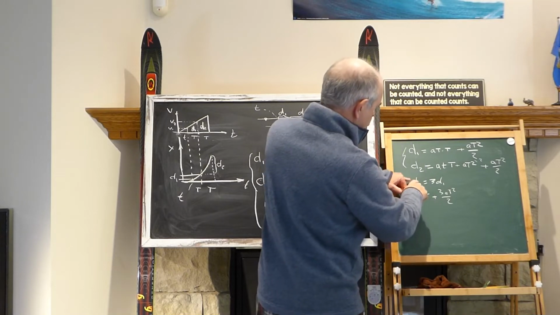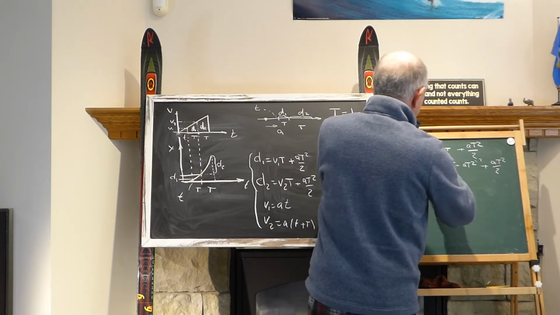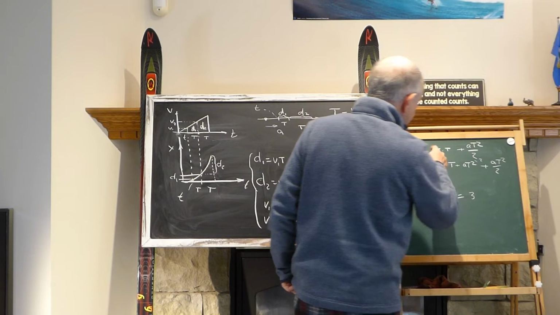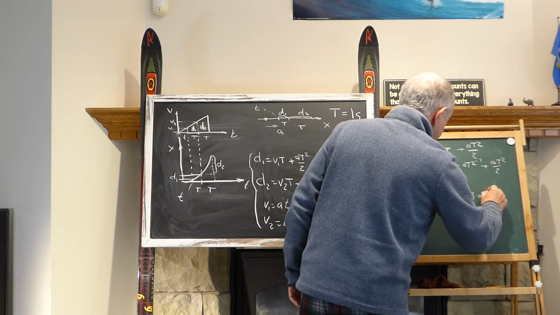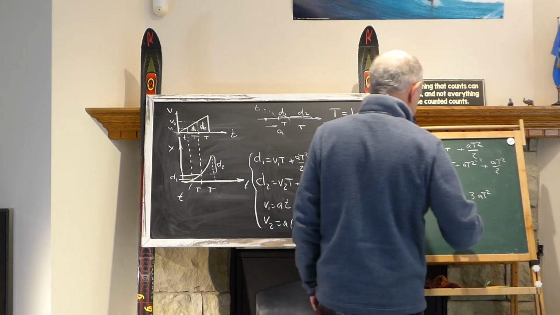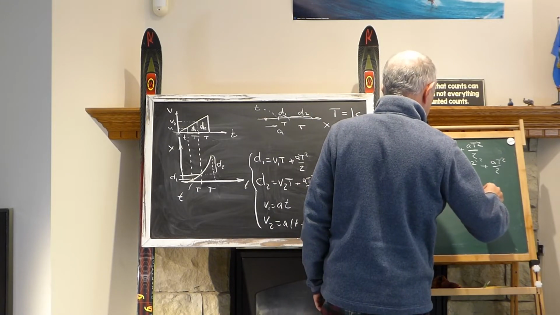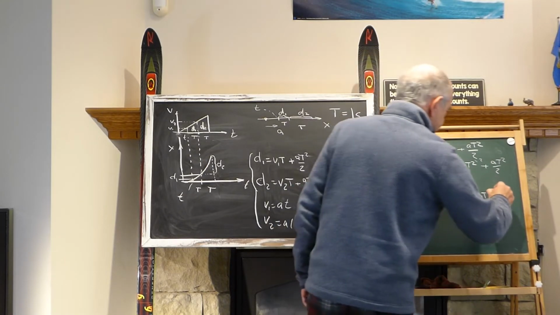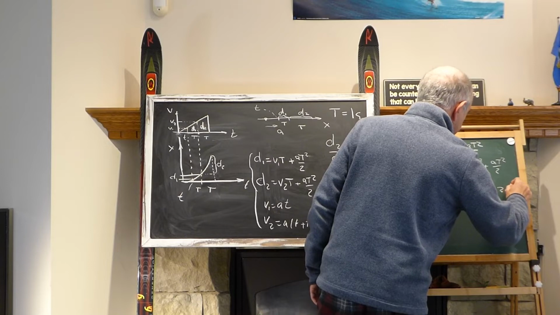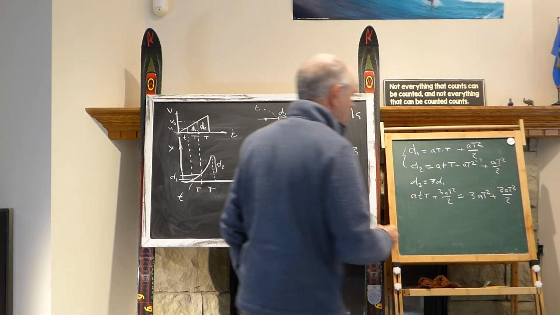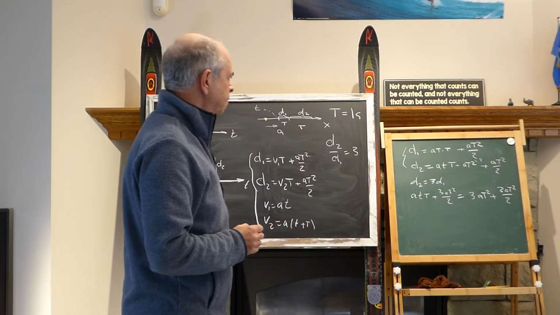So I wrote d2, and now I write 3 d1s. So I type 3 multiplied by this would be at squared, and then there would be 3 aT squared over 2. Fantastic.